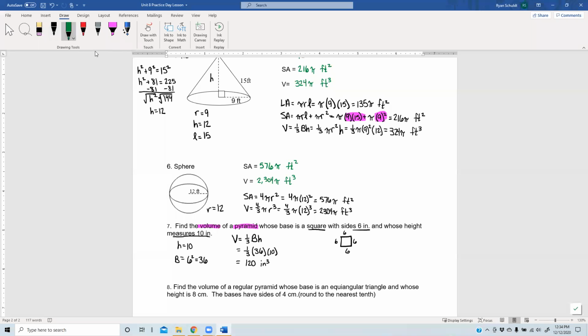So our volume is equal to 120 inches cubed. We didn't have to do too much on that one. It just had volume, so we're done. That's it.